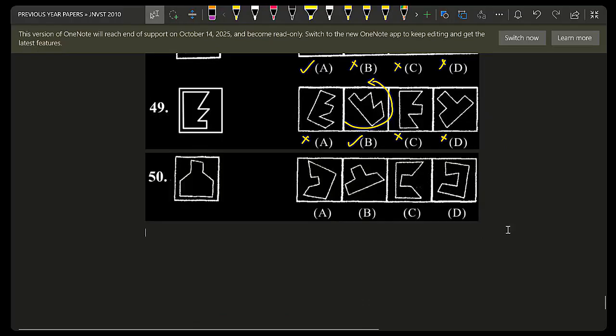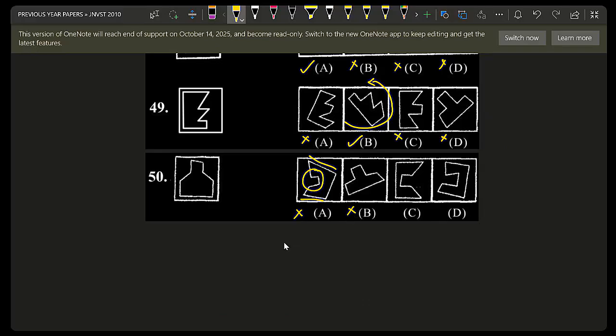Yes, this one. Option A. To complete the square, these two sides are not parallel first of all, and the size of this part is also not matching. A is eliminated. B does not fit.